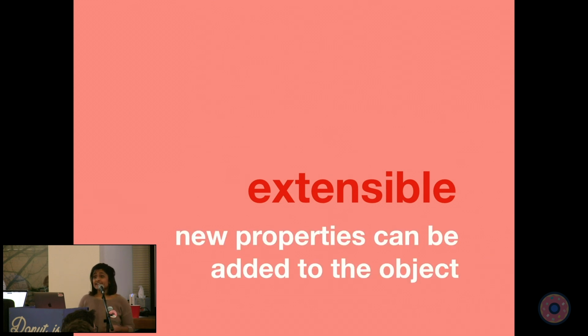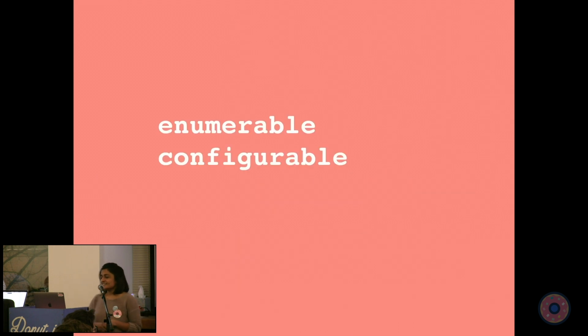And what that means is that new properties can be added to them, which makes sense. That's kind of how we've been operating this whole time. We created a cat, and we added some stuff to it, and nobody said, hey, you can't do that, because the object was extensible. But you can change the extensibility of an object on a property basis, or even on an object basis too.